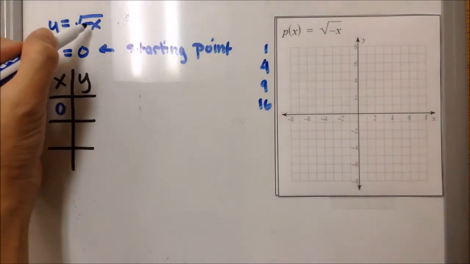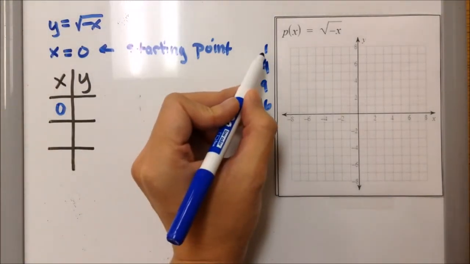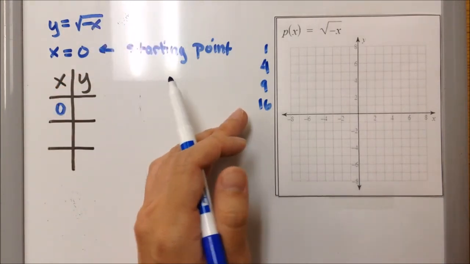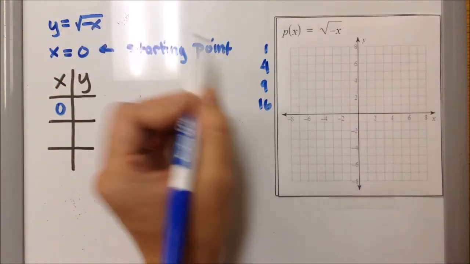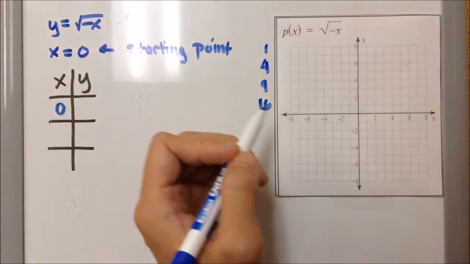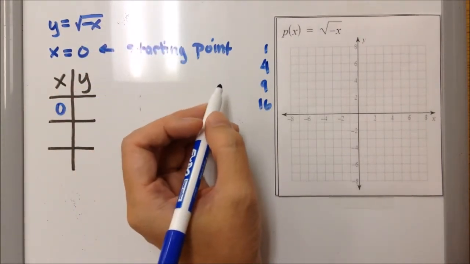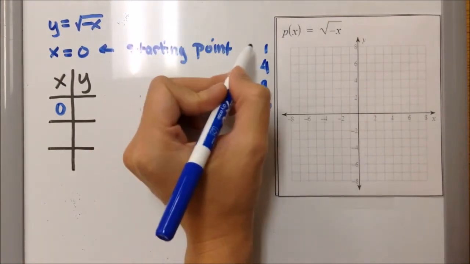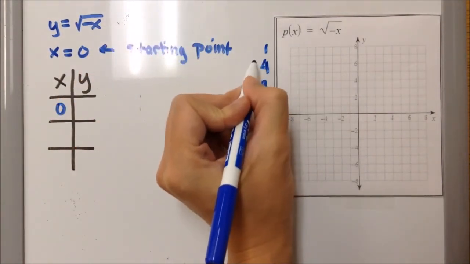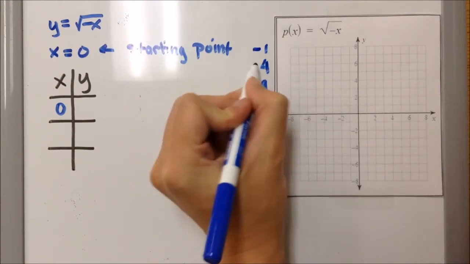So, since we have a negative x, if I pick 1 and plug it into x, that's going to be a negative 1. So we need to change this negative into a positive. In order to change negative to positive, the numbers that we need to plug in are negative numbers, and you'll see your y.